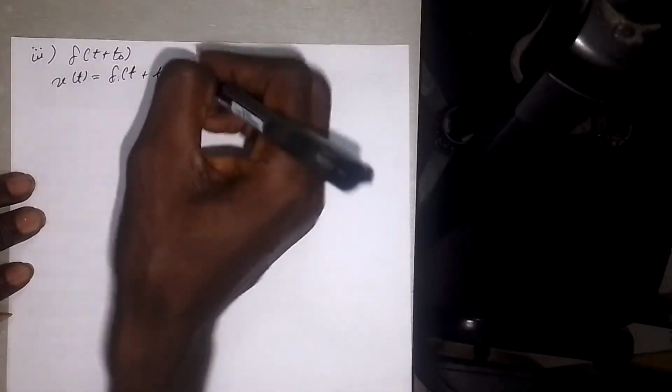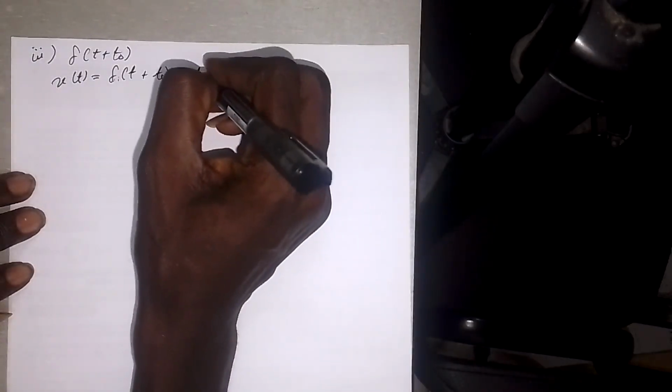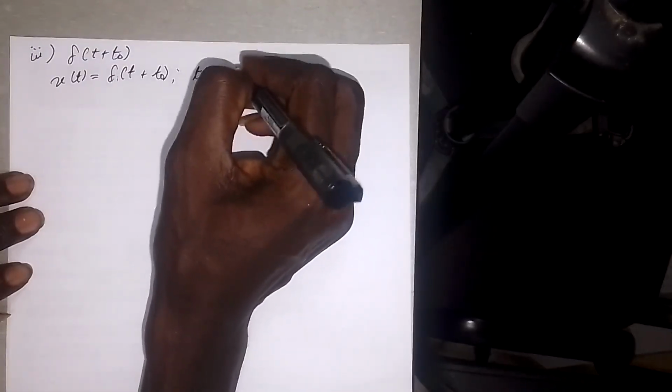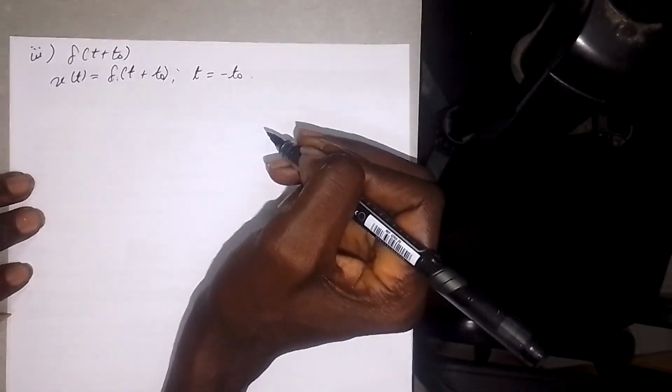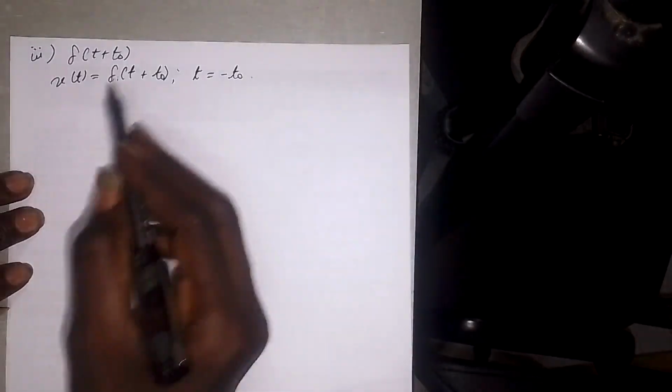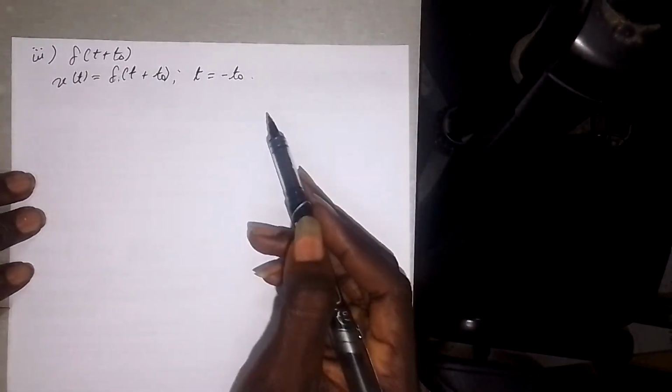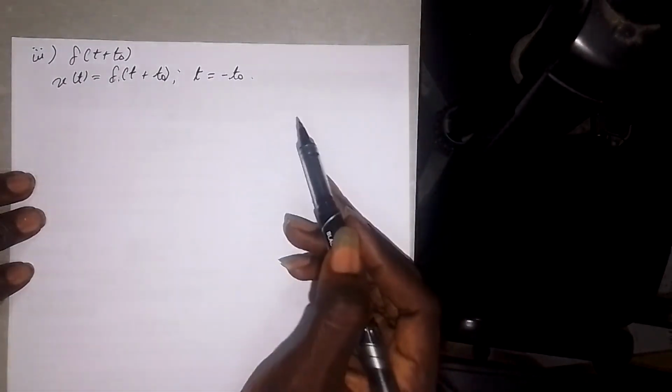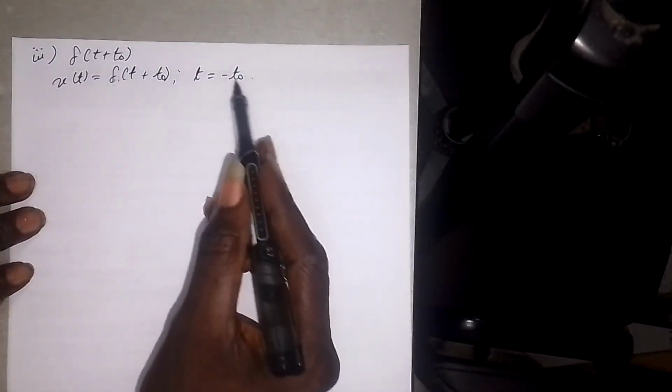So now x of t is equal to delta of t plus t naught. Here t is equal to negative t naught. This signal is occurring at a specific instance of time, minus t naught. It's occurring at a single instance of time. It's not occurring within a range.